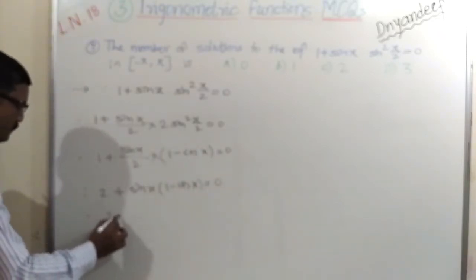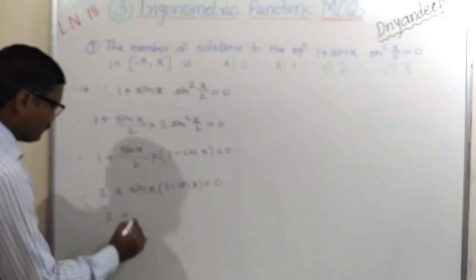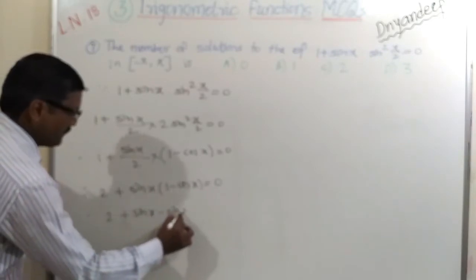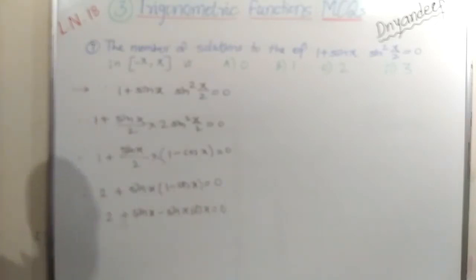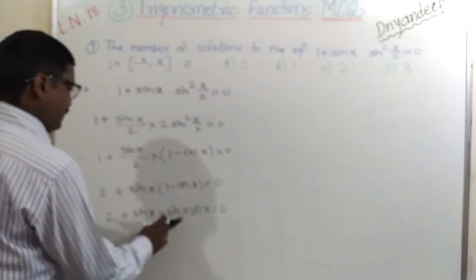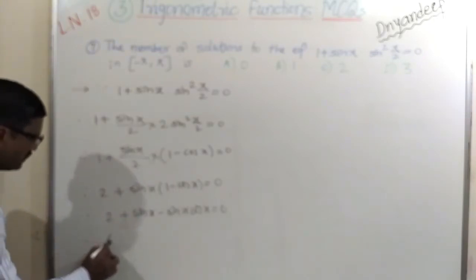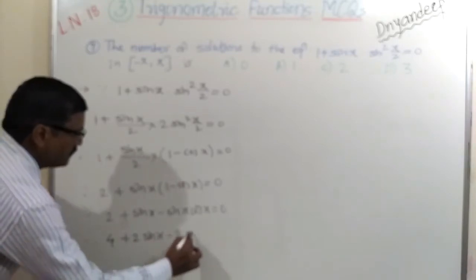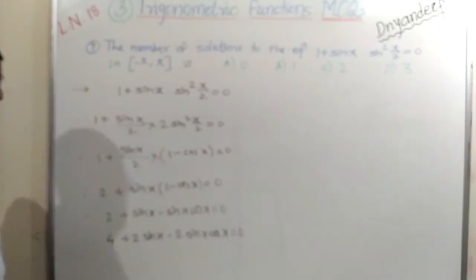Therefore we get 2 + sin x - sin x cos x = 0. Again, multiplying each term by 2 once again, we get 4 + 2 sin x - 2 sin x cos x = 0.